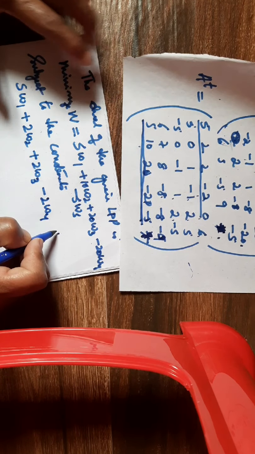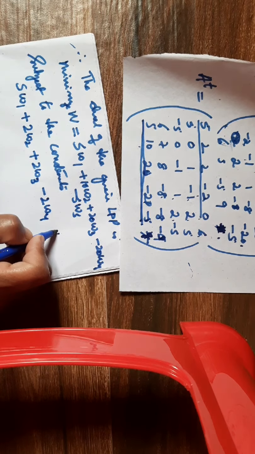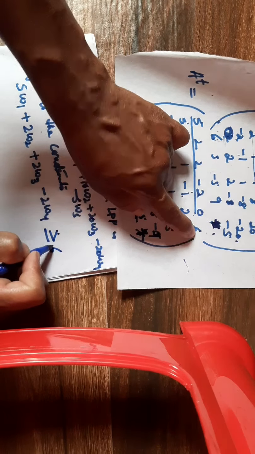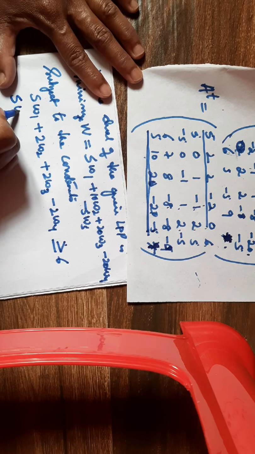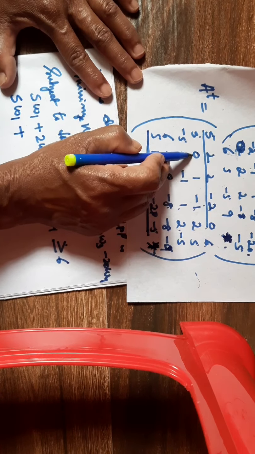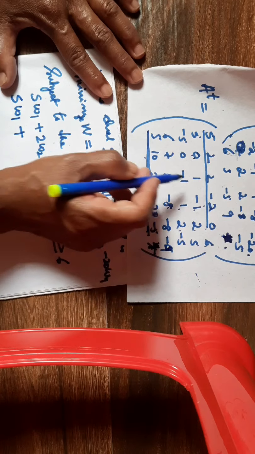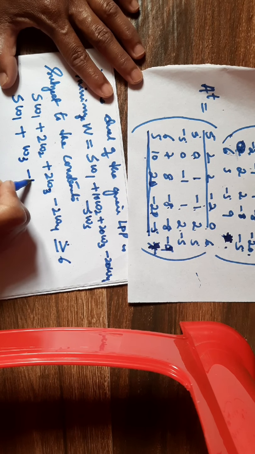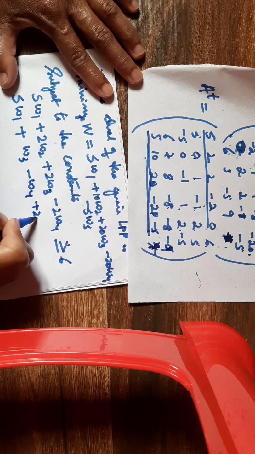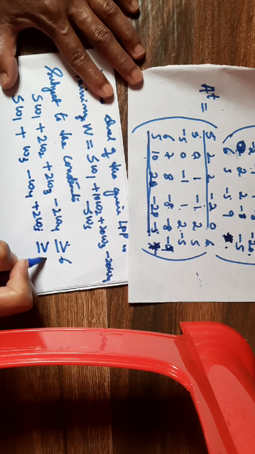Since it is minimize w, this will be greater or equal to 6, the value of the equation. The next one will be 5w1 plus, since the coefficient of w2 is absent, plus w3 minus w4 plus 2w5. This is greater or equal to 5.